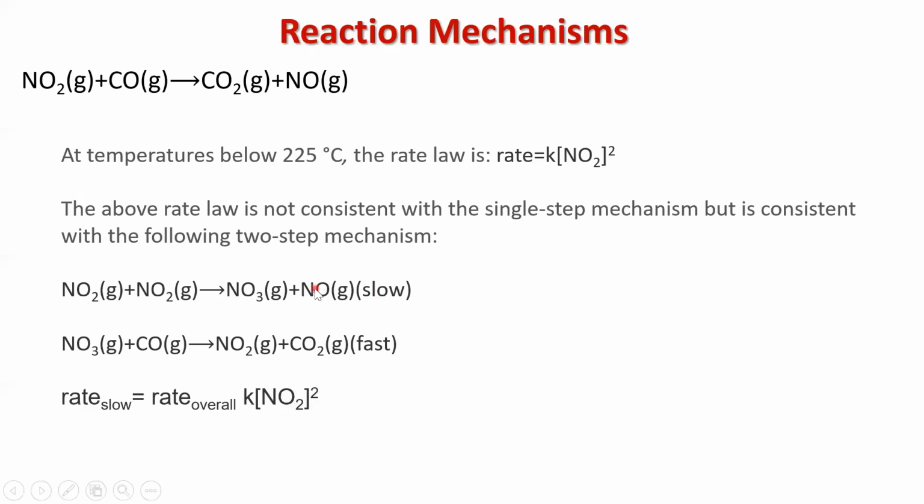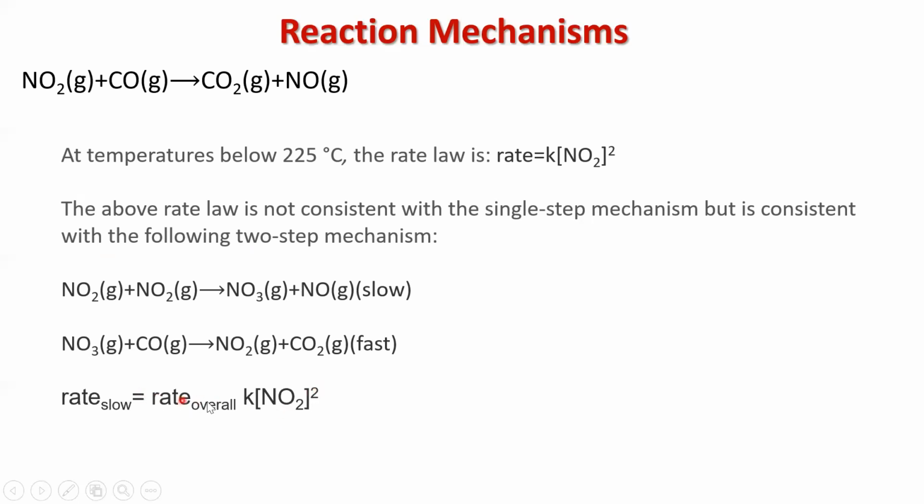Well, what we can do with that is we can say, well, the rate of this reaction is equal to the rate of the rate determining step in the reaction mechanism. Well, this is the rate determining step. It's bimolecular. So the rate equals k times the concentration of nitrogen dioxide squared.